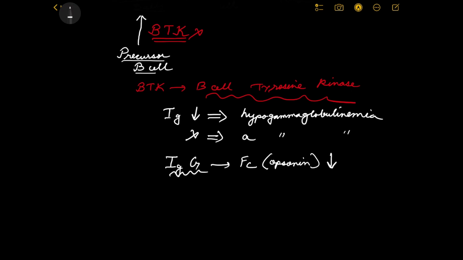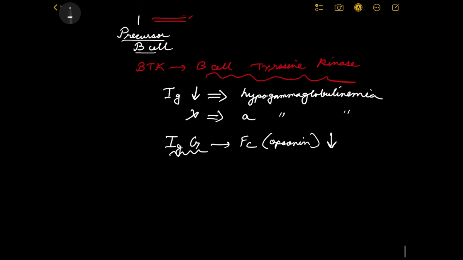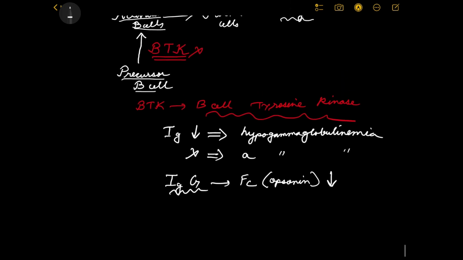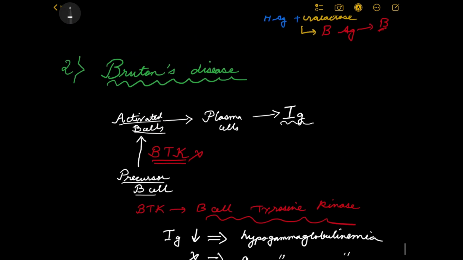So if that is less in number, then obviously that would mean defective opsonization in whole, which would mean that all those processes from that step onwards will be hampered. So this is another disease which is associated with defect in leukocyte function and is associated with inflammation. Okay.